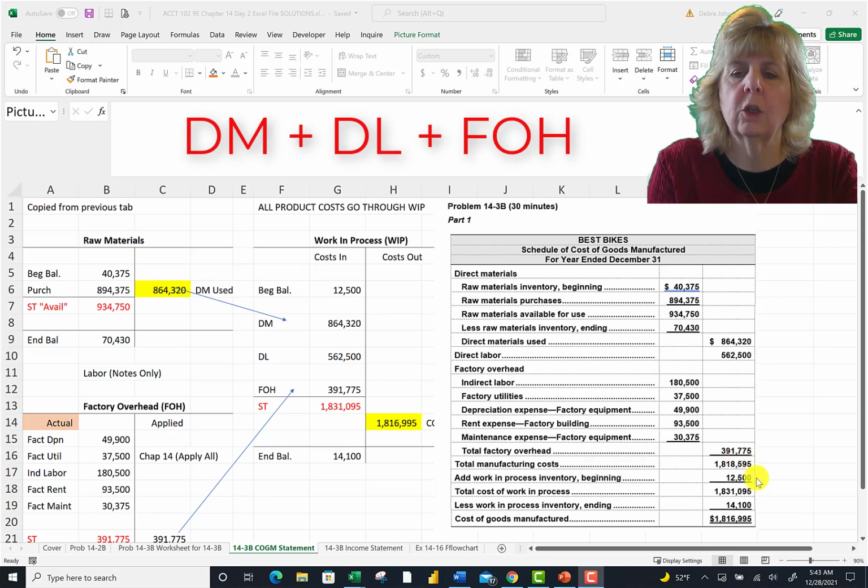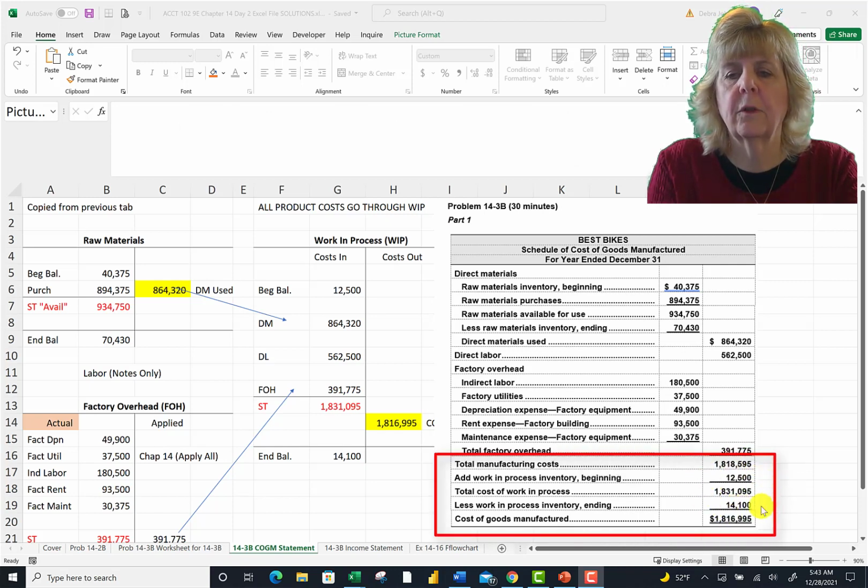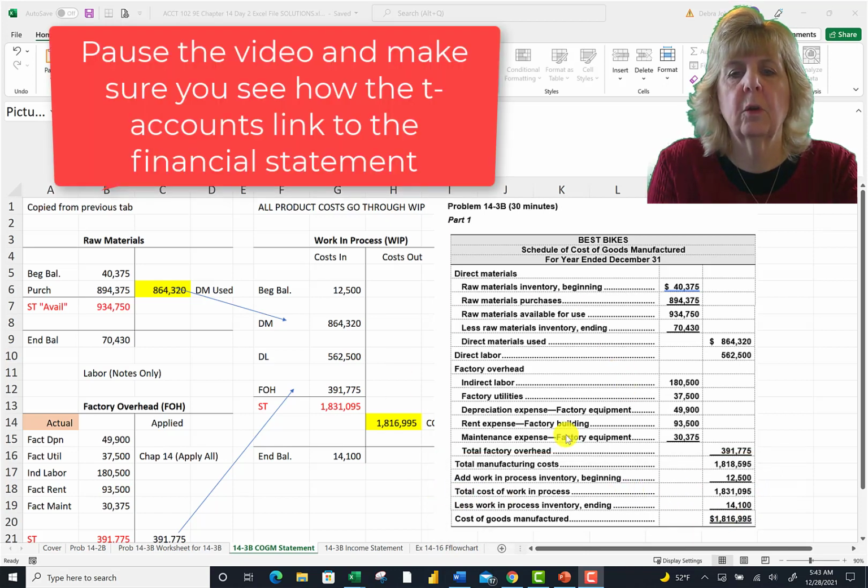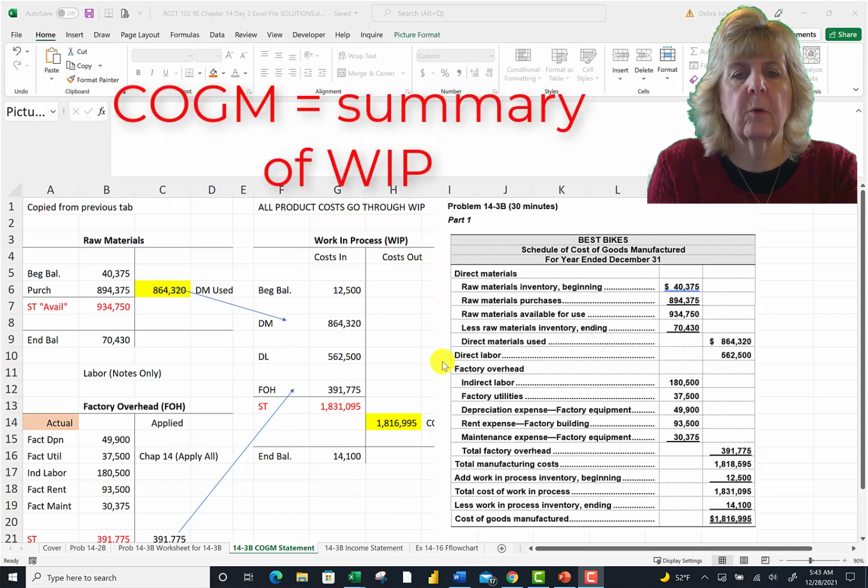And then we tweaked the balances for the beginning and ending WIP. Take a moment to compare the T accounts to the formal financial statements and make sure you understand how the cost flows. Again, as a reminder, the schedule of cost of goods manufactured is simply a summary of the WIP account that we've already computed in detail.